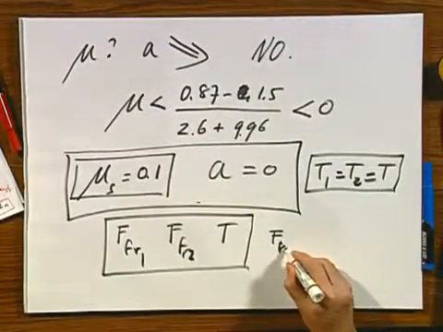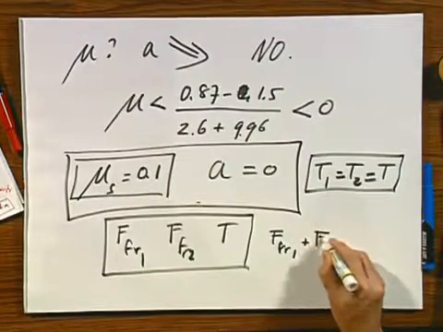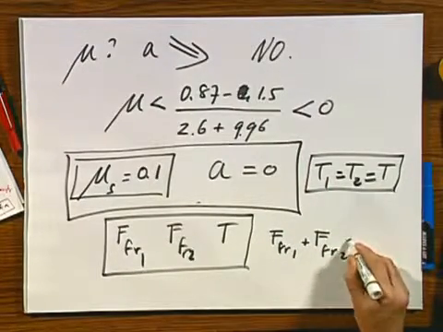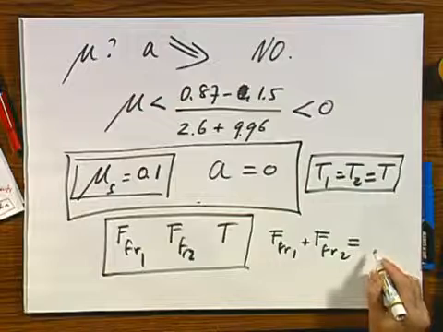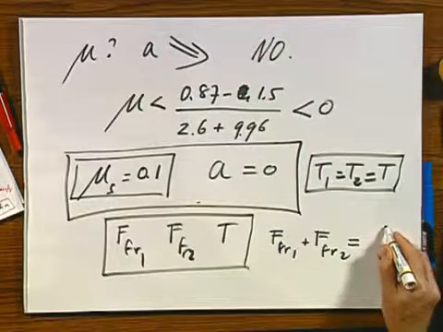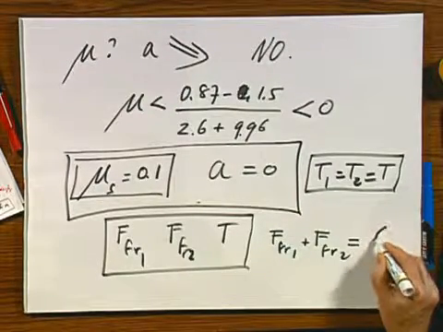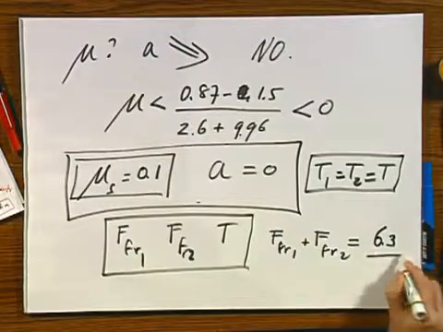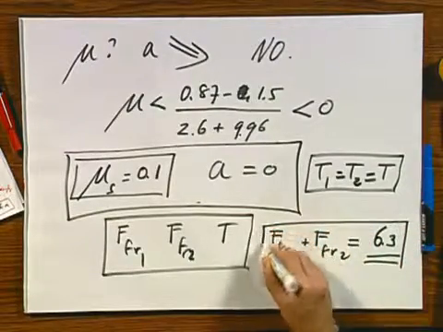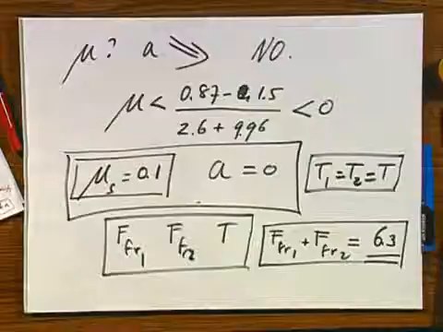The only thing that I can tell you, which may interest you, is that you will always find that the frictional force 1 plus the frictional force 2 is always the same, and I believe that it is always 6.3, but you better check that. But nature has various ways of solving this problem. It's not one unique answer, not so intuitive.